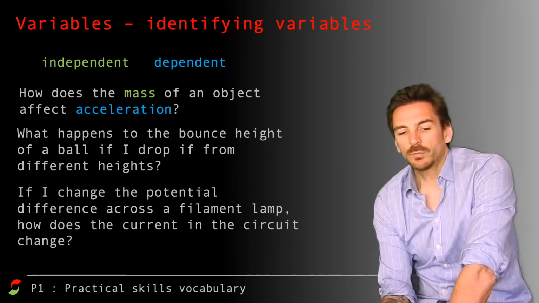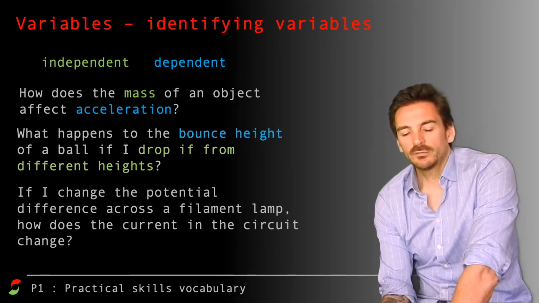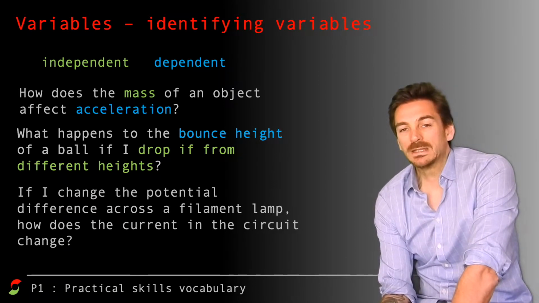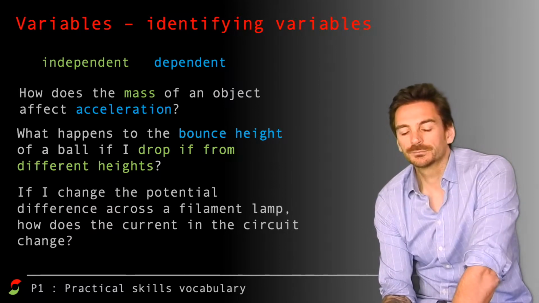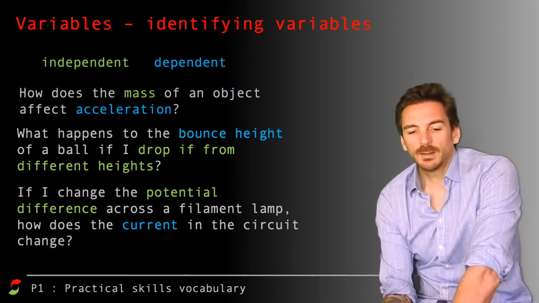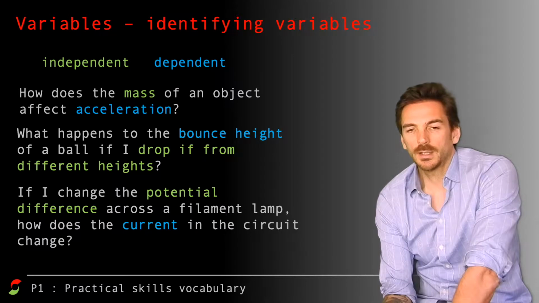If we look at the next one, they change it around a little bit. There, we're looking at the bounce height depending on the drop height. If the bounce height depends on something else, the bounce height is the dependent variable. And with the last one, with the filament lamp, the current depends on the voltage.